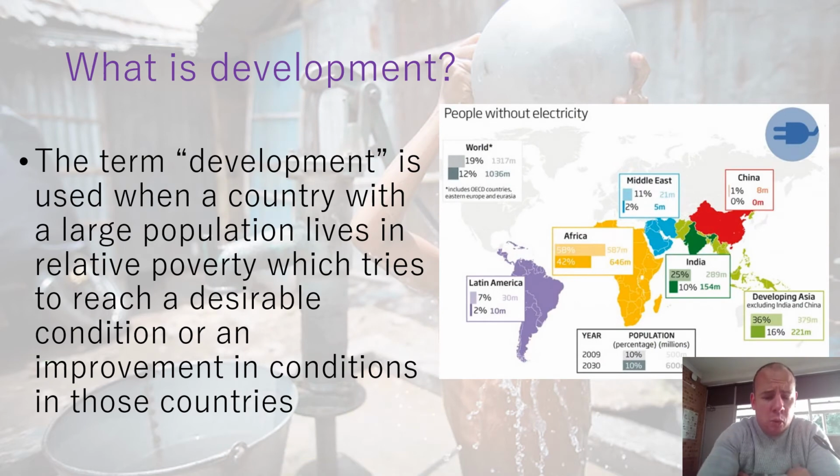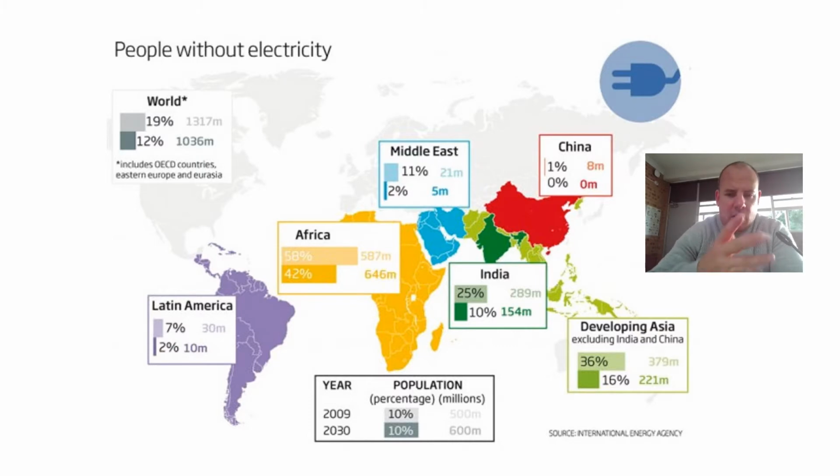So development, what does that mean? Well, the term development is used when a country with a large population lives in relative poverty, and it tries to describe a condition or improvement in conditions in these countries. I've got a good infogram there showing people without electricity, and hopefully that explains to you what development is. Here we can see a bigger version.